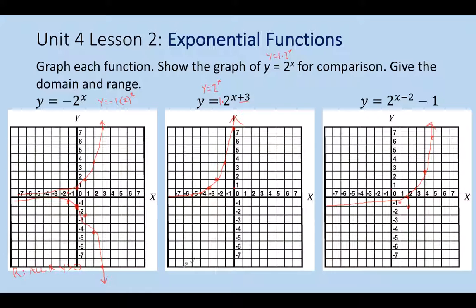Same thing here, all real numbers y is greater than 0. But of course here, my range is a little bit different. We still say all real numbers y, but this time my asymptote is at -1. So y is greater than -1.